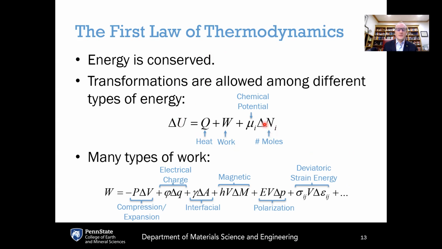And one of the fundamental equations here for thermodynamics deals with this conservation of energy and accounting for the transformation among various types of energies, whether it's heat, work, chemical energy, many different types of work, including mechanical work via compression or expansion, electrical work, the creation of interfacial energy by the creation of interfaces, magnetic energy, polarization energy, deviatoric strain energy.